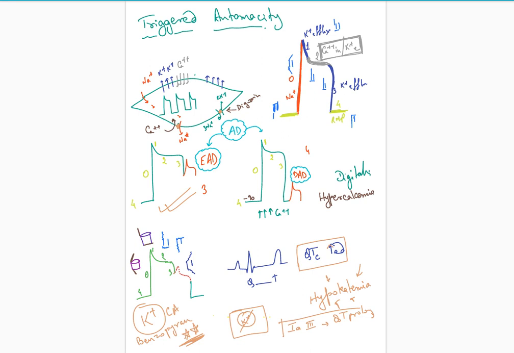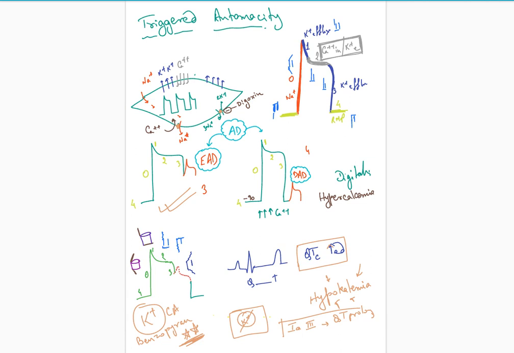Then the cardiomyocyte will try to go back to the resting state via the sodium calcium exchanger, because sodium potassium ATPase is not working. If it is not working, then who will throw calcium out? How will the cell achieve the resting potential? You tell me. What is the option the cell has to achieve the resting membrane potential? The cell will try to come back to normal condition.